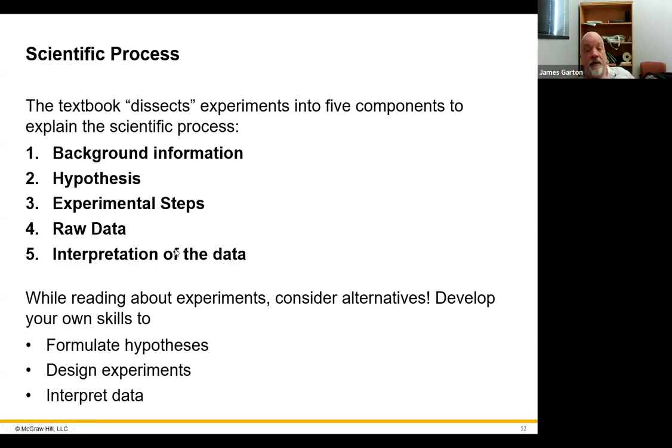And then you have to form some kind of explanation of that data. And it's a good idea to come up with your own skills to make hypotheses or design experiments, which is not the world's easiest thing to do. And interpret data, which again is not the world's easiest thing to do, but it's a good idea to begin to practice it.